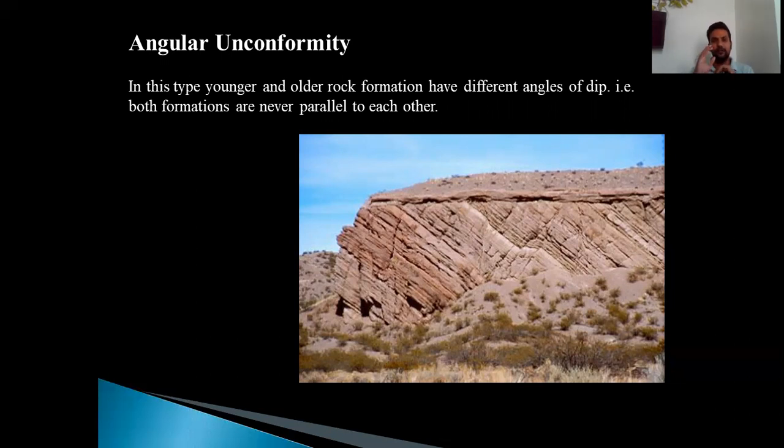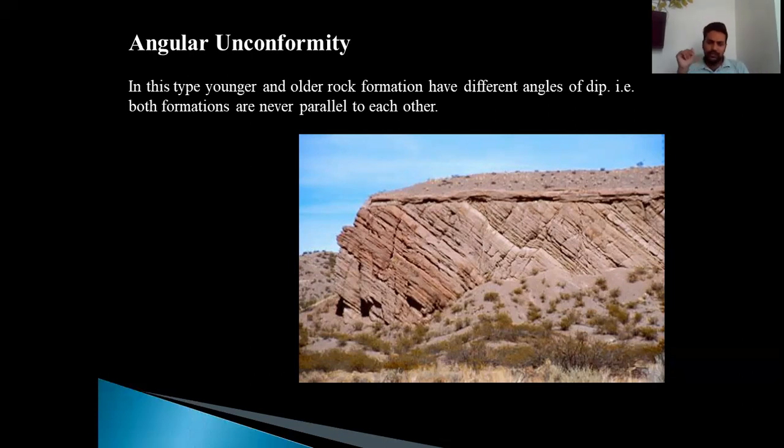If there is a significant difference in the dip angles of these two sets of beds, in that case that unconformity can be called an angular unconformity, because the lower beds or the upper beds will have an entirely different dip with respect to the other set. So they have an angular interrelationship, and hence the name angular unconformity.